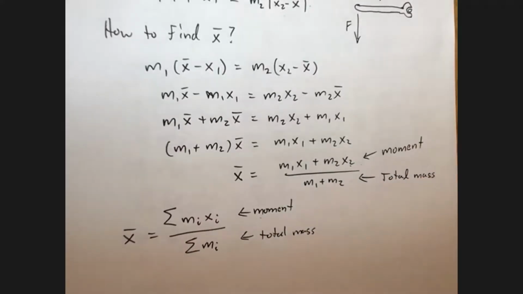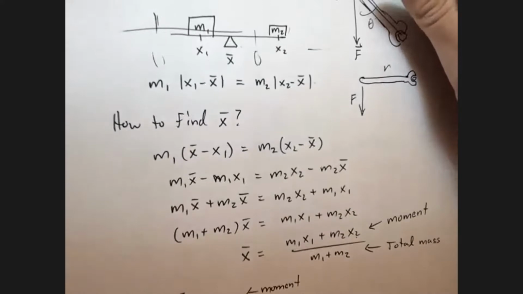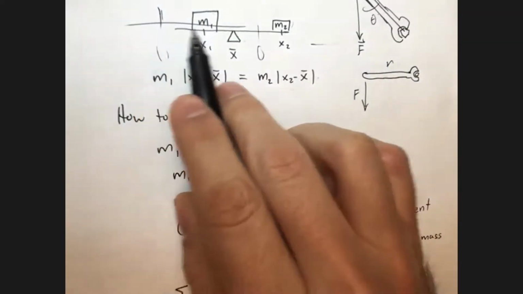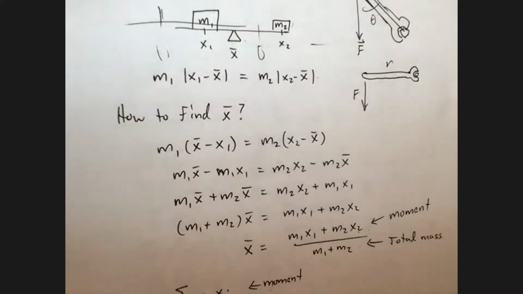And we can generalize this even further. We can imagine not just a finite number of children on here, but trying to balance a bar whose density varies as we move across the bar. So maybe it's really thick and dense on one end, and then very thin and light on the other end.